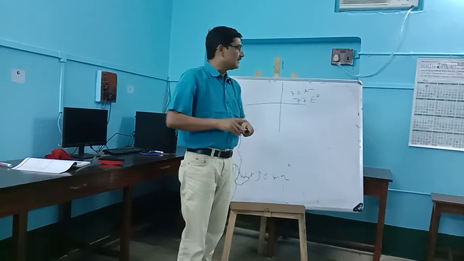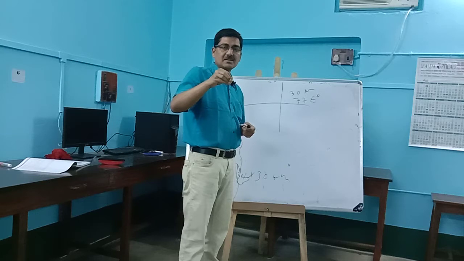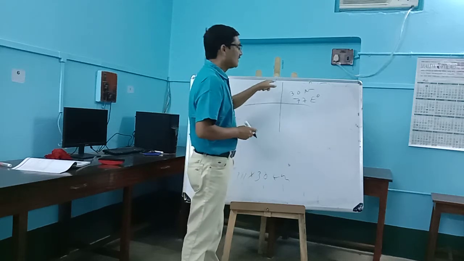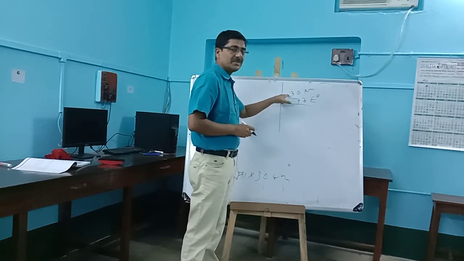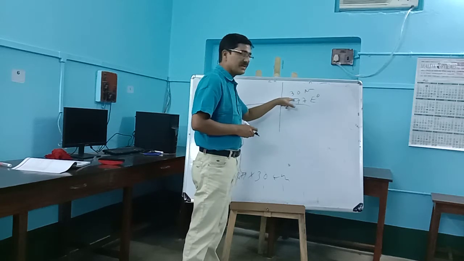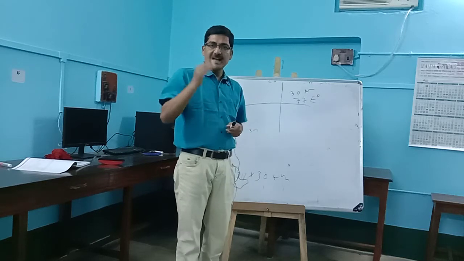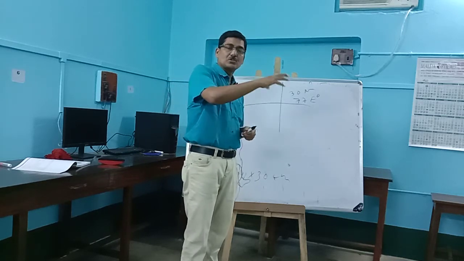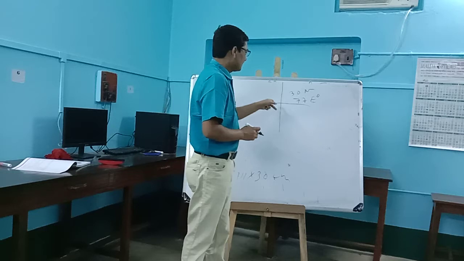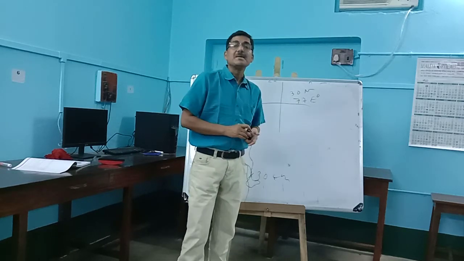We can say Delhi is located at the intersecting point of the line of latitude bearing 30 degree north and the line of longitude bearing 77 degree east. That means Delhi is situated north of the equator and east of the prime meridian, in the eastern hemisphere.